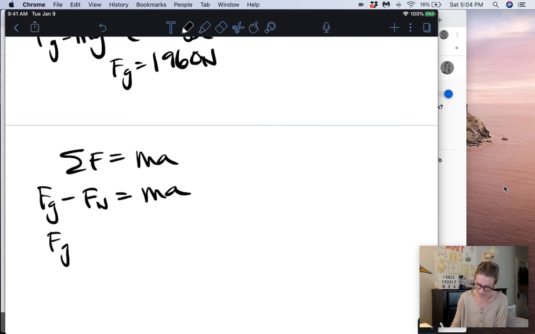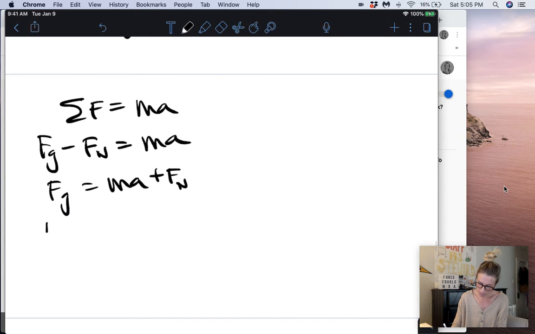We get force of gravity equals mass times acceleration plus normal force, and then I'm going to subtract mass times acceleration from both sides. So we get normal force is equal to force of gravity minus mass times acceleration. Now I can plug in my numbers here.